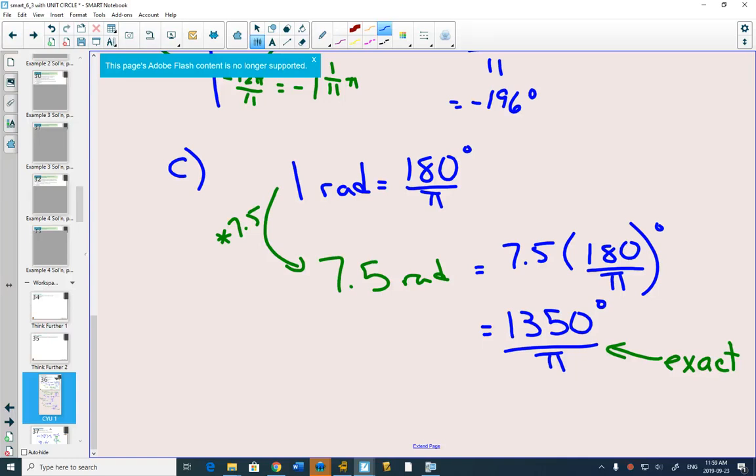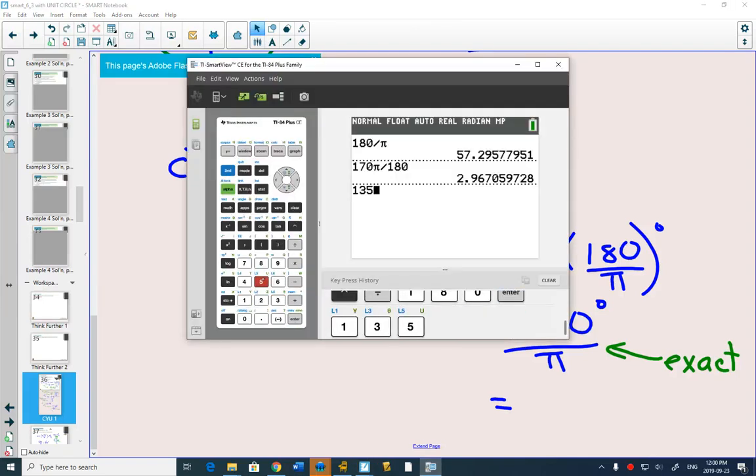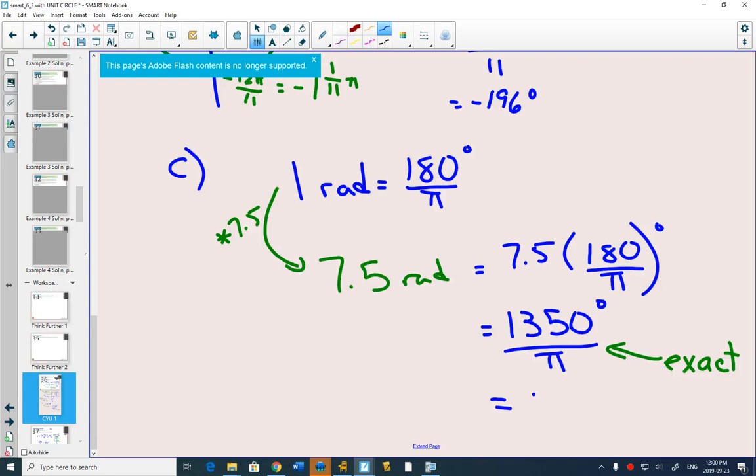But if I want to have a real good feeling of what this number is, I would go to my calculator and say, what is 1350 divided by pi? 429.7 degrees. I probably didn't round to how they asked. Oh, nearest 10th. I did it. Yes. Again, notice you do a question, then you reread it because they probably have some finicky thing about how many decimal places you need.